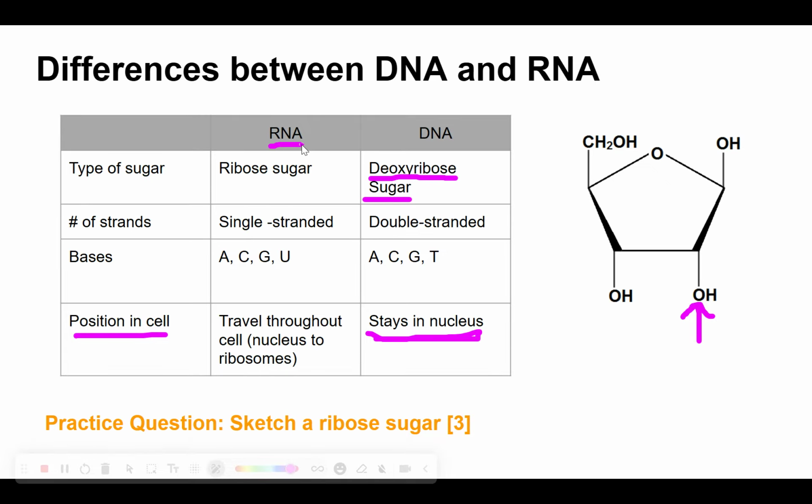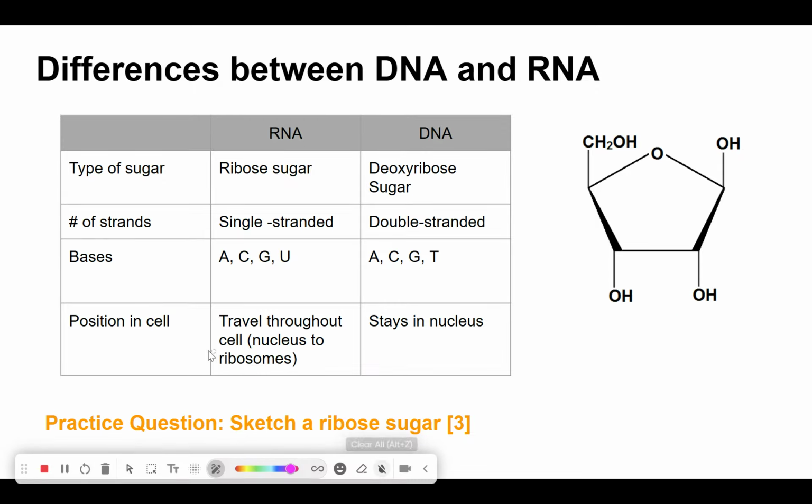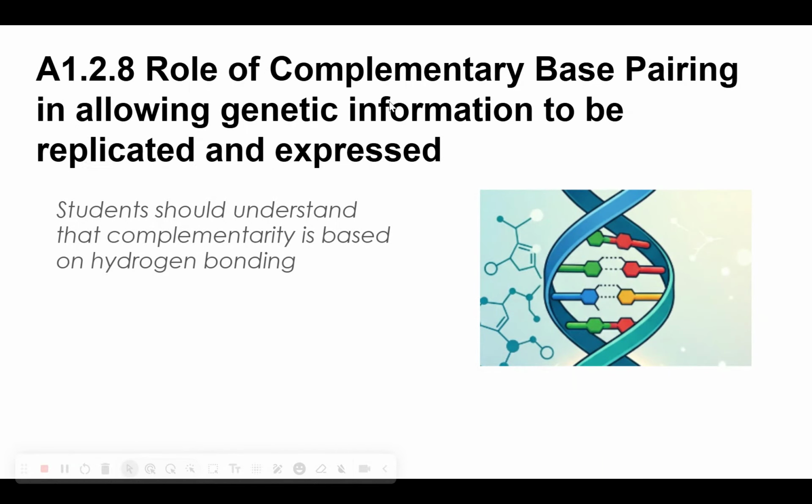RNA is more reactive, more likely to break down, and only forms that single strand because it has this oxygen in it. So these single-stranded molecules of nucleic acids are able to travel throughout the cell from the nucleus to the ribosome, which makes them very useful in gene expression. And the purpose of these molecules is what we will get to in the next point of information.